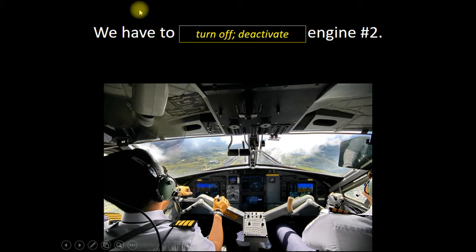Next, we have to turn off engine number 2, or we have to deactivate engine number 2. I'm sure everyone knows that this is shut down. However, an interesting thing about shut down is that we can use it transitively, so you can shut down something. Right?